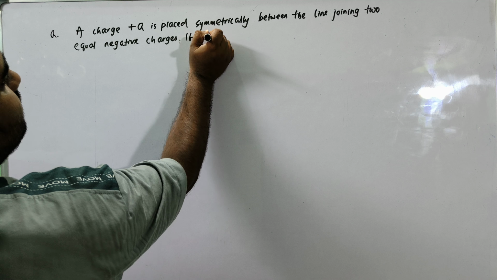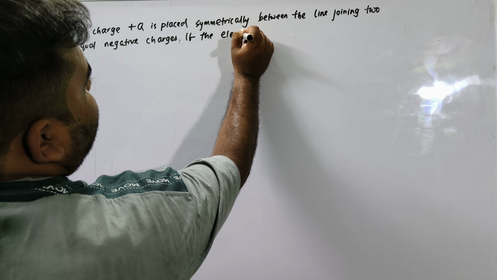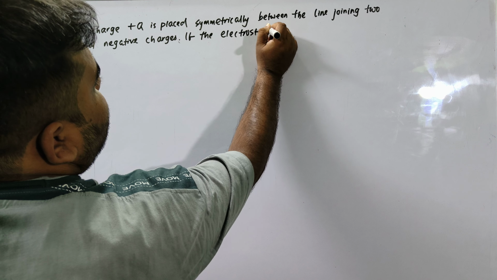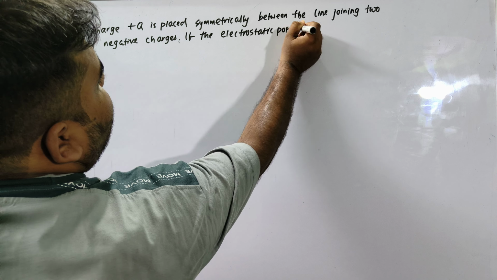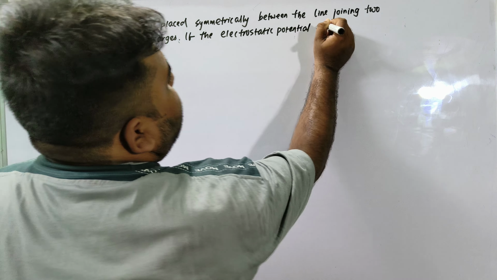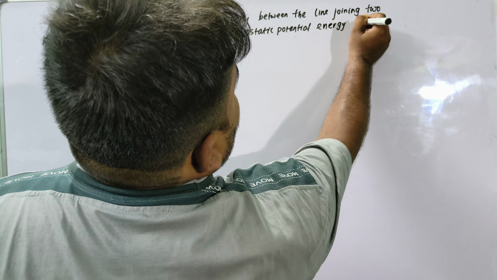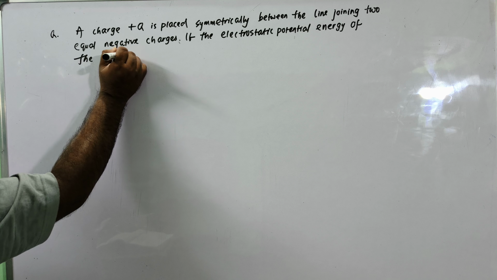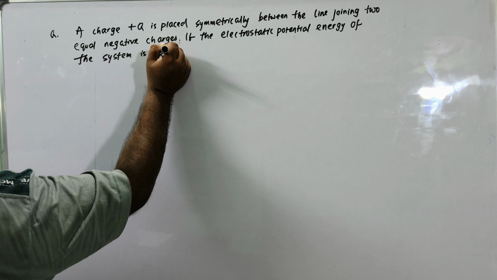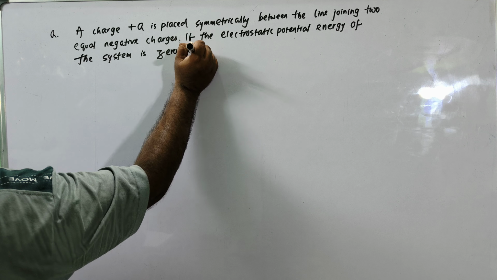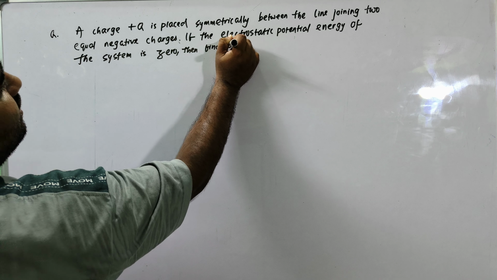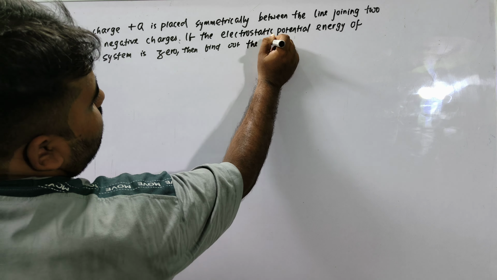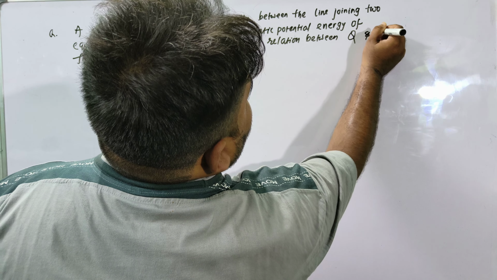If the electrostatic potential energy of the system is zero, then find out the relation between Q and q.